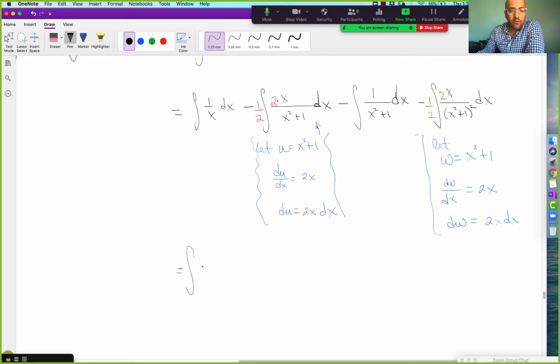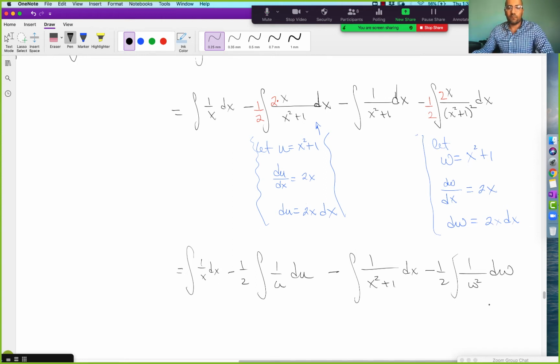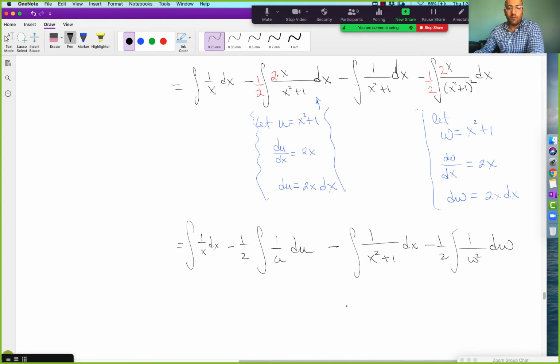So this is going to be the integral of 1 over x dx minus 1/2 the integral of 1 over u du minus the integral of 1 over x squared plus 1 dx minus 1/2 the integral of 1 over w squared dw. Okay.